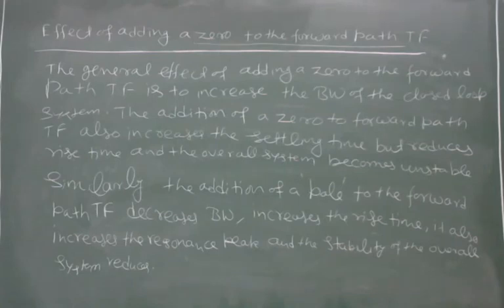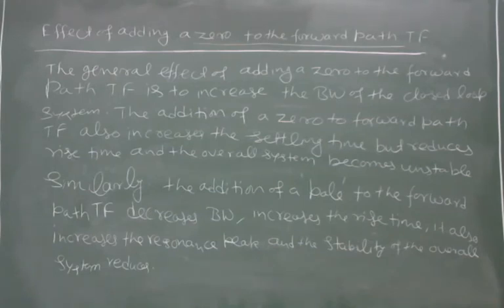If I add a 0 to the forward path transfer function, bandwidth increases. If I add a pole to the forward path transfer function, it reduces the bandwidth.